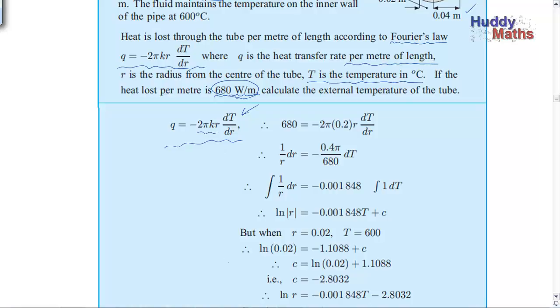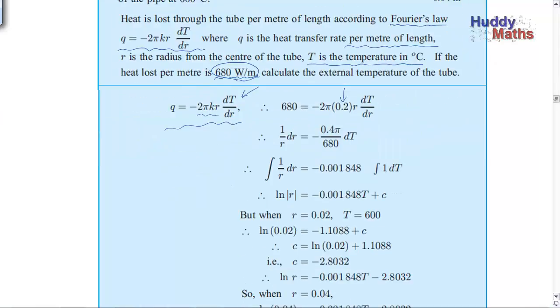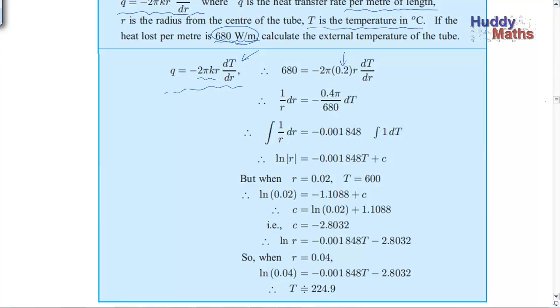Do we know any of these things? We know here that K is 0.2, and we've got it up here. So we can put that in, and then we're going to try to integrate this function with respect to R, and see if we can solve it.